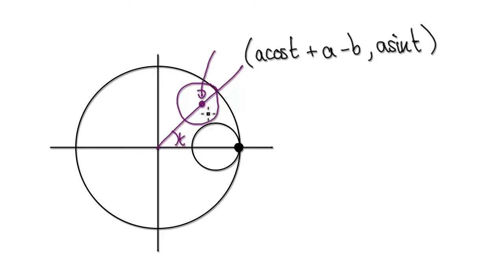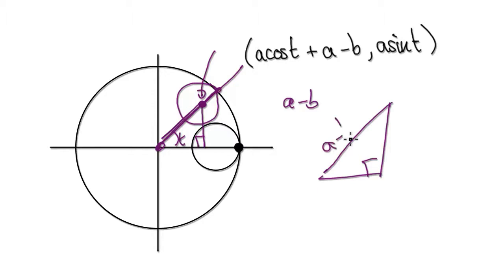This location will be given by the hypotenuse. What is this length here? It would be the radius of the big circle, which is a, take away the radius of the small circle, which is b. So the hypotenuse is a minus b.